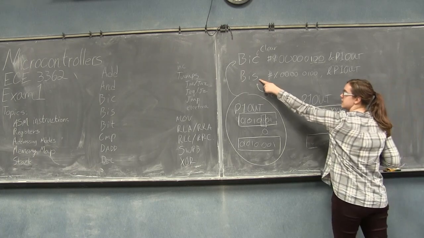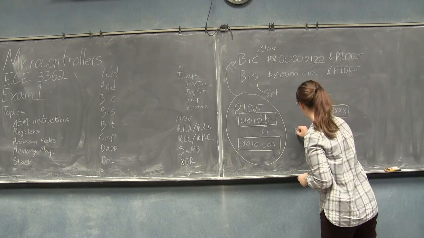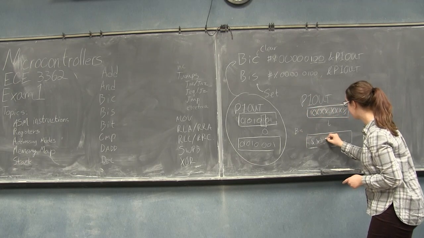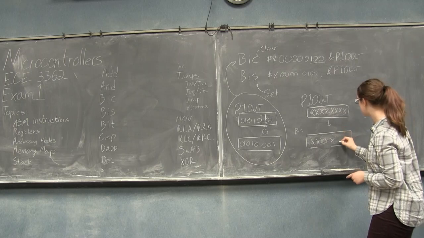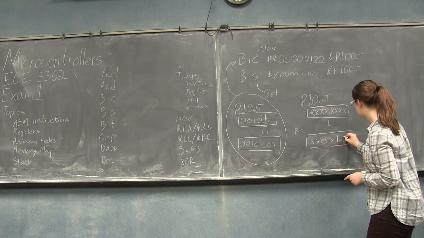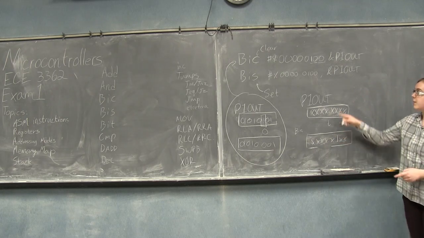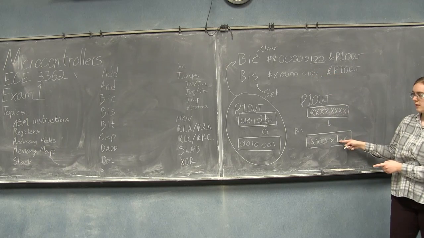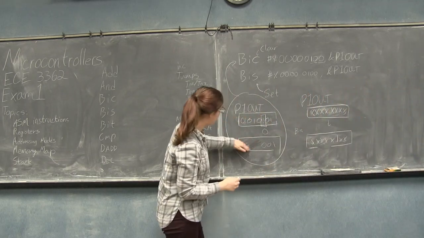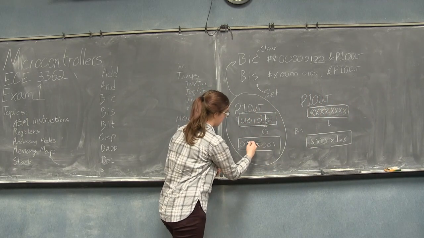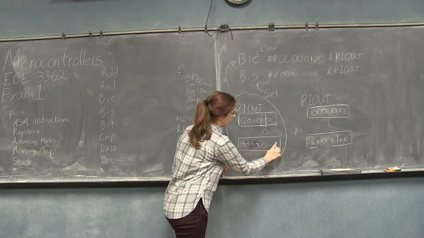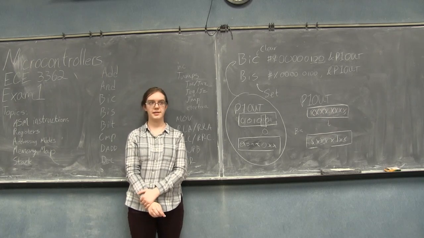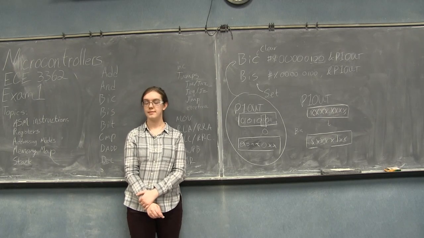Then what the bit set instruction does is make sure that the bit in this one position is the one right here, just like how bit clear makes sure that the bit in a certain position is a 0. Does that make sense? Any questions? All right.